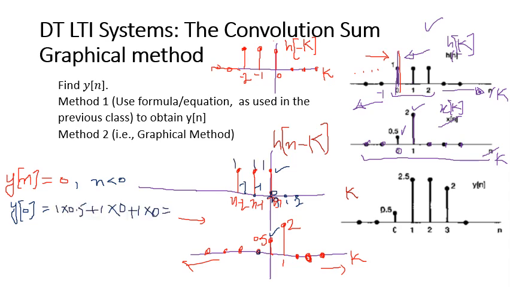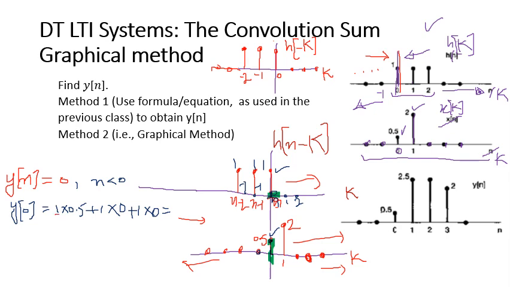So you see, 1 multiplied by 0.5, because if you move this side, all of these are 0, and again all of these are 0. So 0 into 0 will result in 0. Now at this point it is 1, and this is 0.5, so 1 multiplied by 0.5.